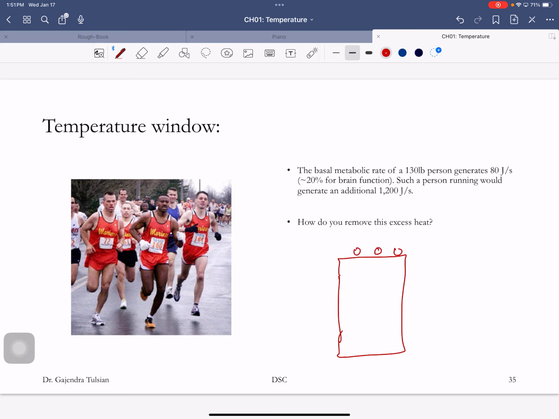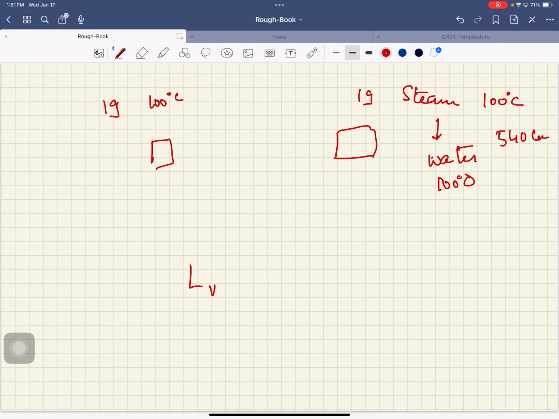What you do is you are smart and you decide to sweat. Are you cooling now? That doesn't cool you. What you hope is that the humidity is less than 100% and the sweat evaporates. And that's where this number comes in, 540 calories per gram.